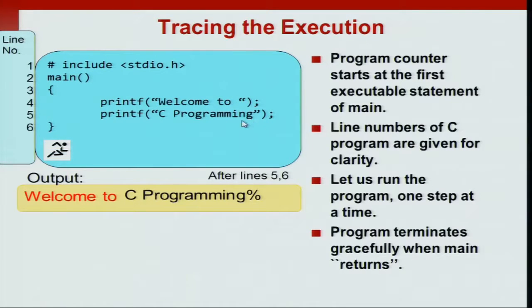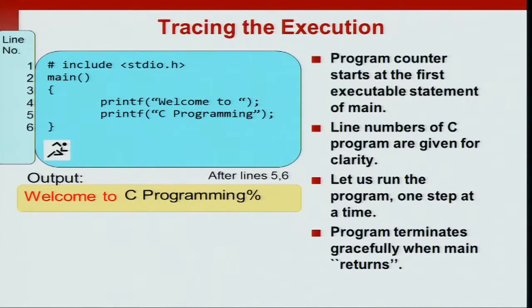So, after the next line executes, it will print C programming %. I have given this in two different colors to highlight that one was printed by the first line and the other was printed by the second line. Otherwise, the colors have no special meaning. The program terminates when the main finishes execution, and this is what is typically known as returning from the function. We will see this terminology later in the course.